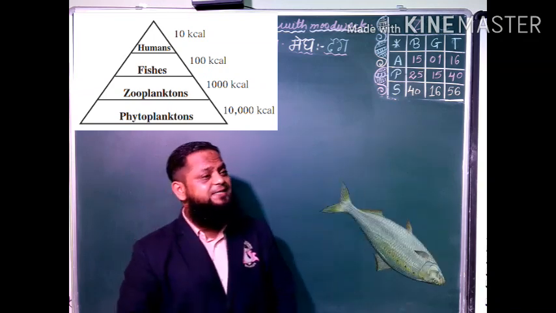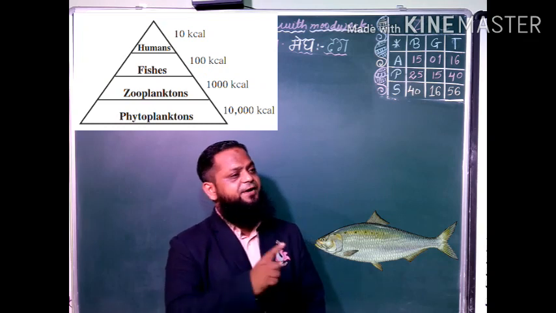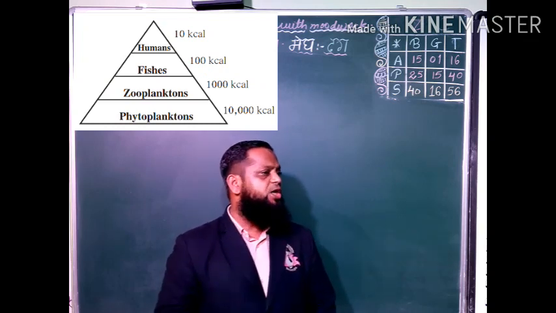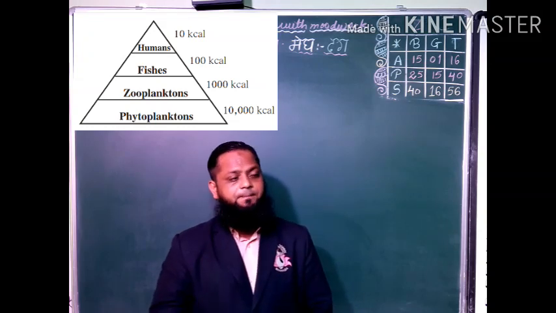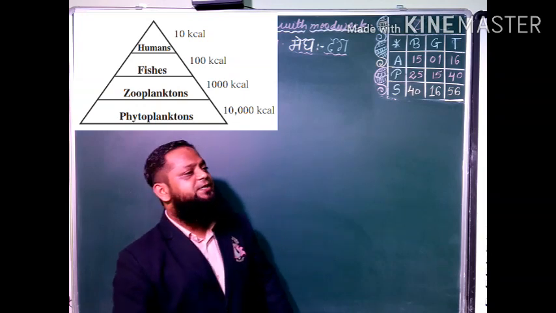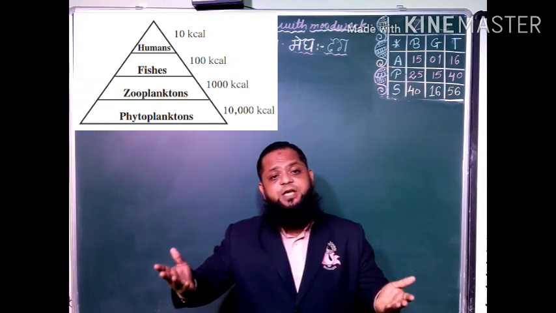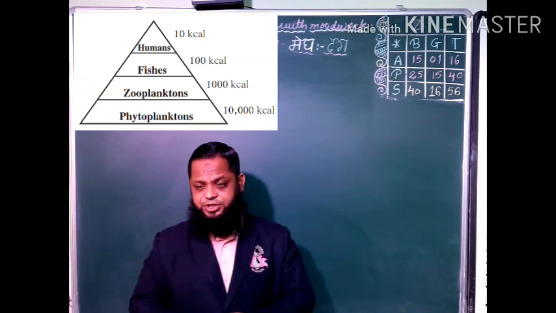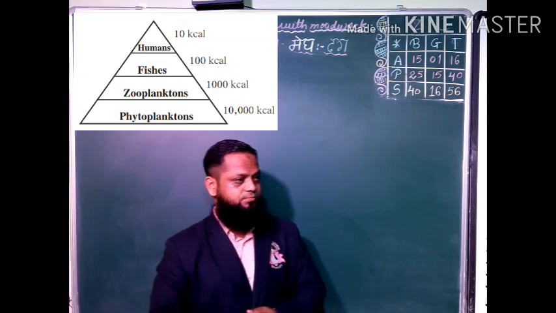If fish acts as food for the human, then 100 kilocalories of energy should be transported to the human body. But only 10 kilocalories of energy get transported to the human body. Where is the remaining energy? So my dear children, it's a big question.